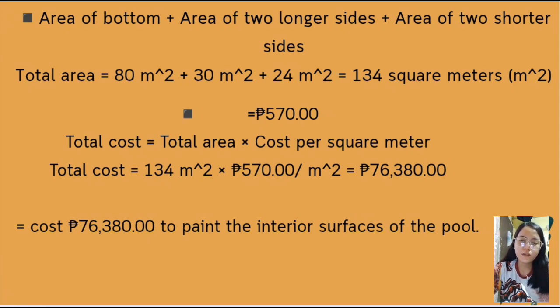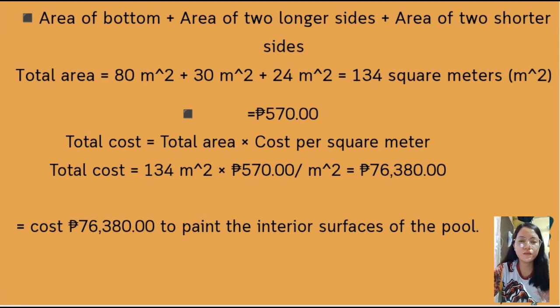Cost per square meter is equal to 570. The total cost is the total area times the cost per square meter. So the total cost is equal to 134 times 570. It will cost 76,380 to paint the interior surface of the pool.